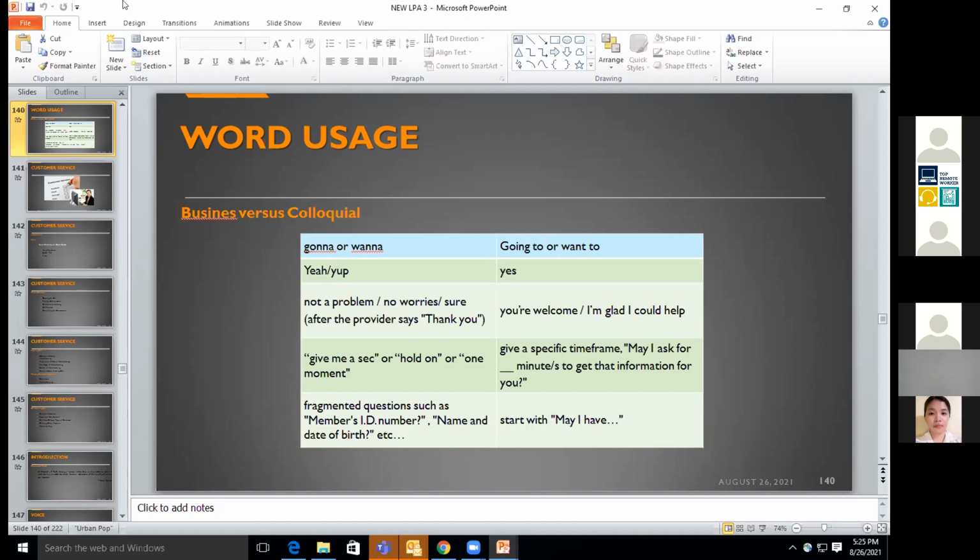Then we will talk about phone courtesies, your opening spiel, placing a call on hold, guidelines to advising, call transfers, and concluding the conversation. We will also talk about listening skills: hearing versus listening, active listening, purpose and effects of active listening, four stages of active listening, barriers to active listening, and how to develop listening skills.